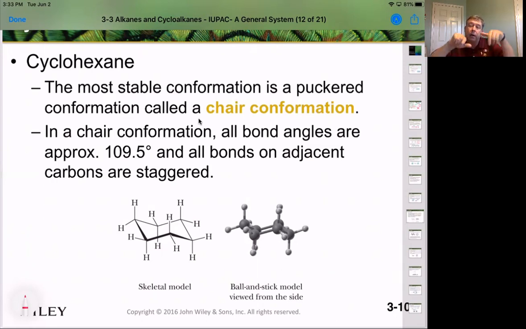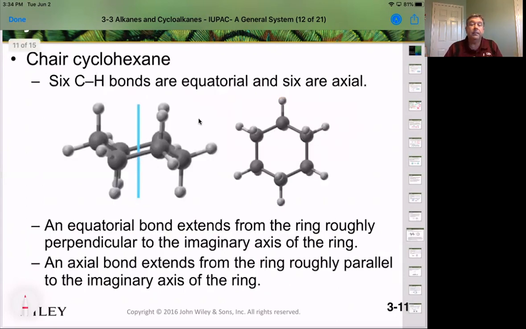This pucker up, pucker down is what we call a chair conformation. If you look at it like a lounge chair, you can lay across it. This is its most stable, lowest energy conformation. Does that mean it's like that 100% of the time? No, there are still some bits of freedom there and they can move around.